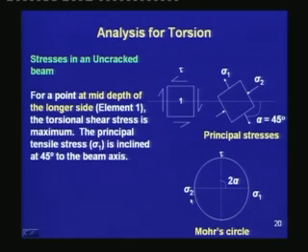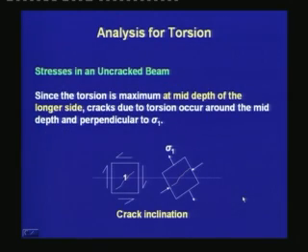Sigma 1 and sigma 2 are located equidistant from the origin. Since the torsion is maximum at mid-depth of the longer side, cracks due to torsion occur around the mid-depth and perpendicular to sigma 1. With increasing torque, when sigma 1 exceeds the tensile strength of concrete, we observe a crack in the concrete which is perpendicular to the direction of sigma 1. That is, the crack is inclined at 45 degrees to the axis of the beam.